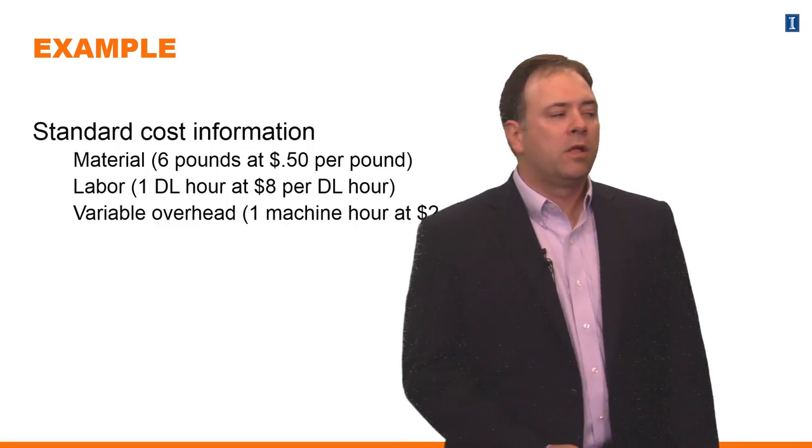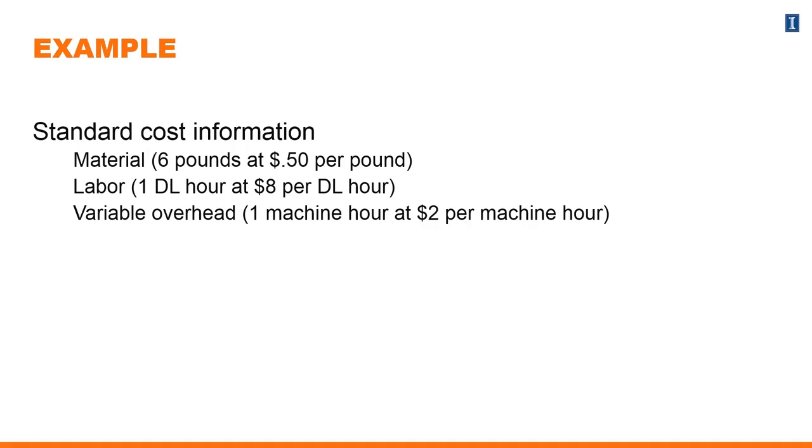So let's introduce an example scenario. Let's suppose that a company for a given month or other time period has the following standard cost information. They have three categories of variable costs: materials, labor, and variable overhead. Let's suppose that they have just a single input of material. Each unit that they produce is supposed to use 6 pounds of that material.